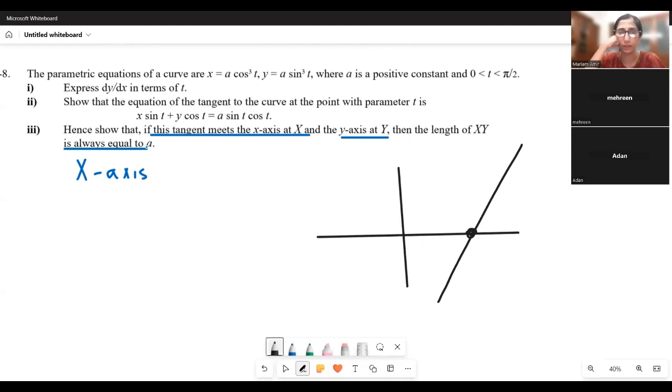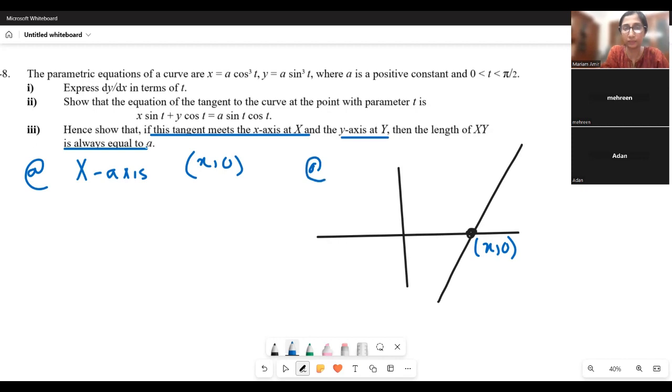Y is 0. So the coordinate is going to be some value of x, comma 0. So at the x-axis, the point is x, comma 0.